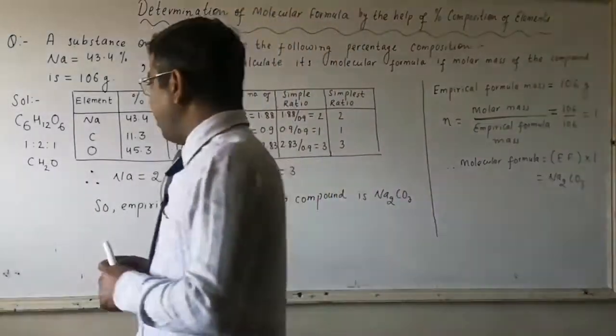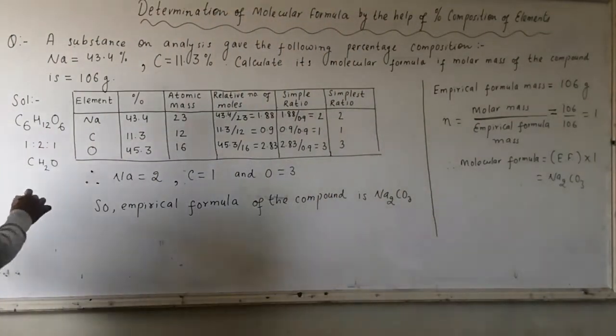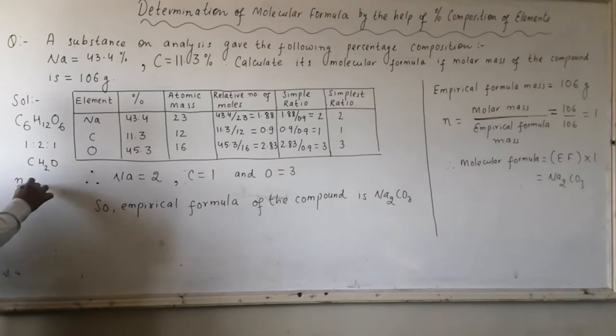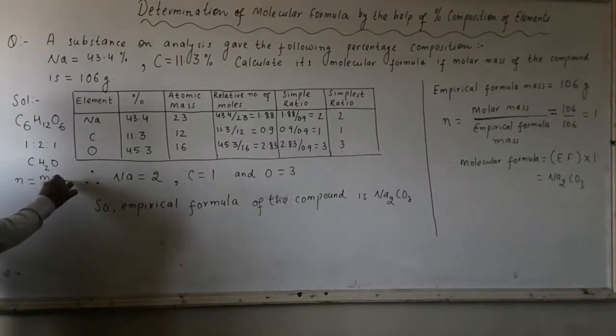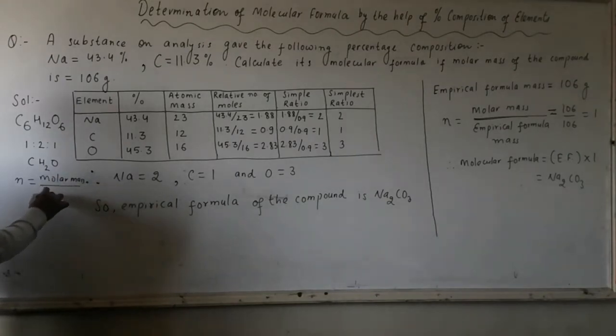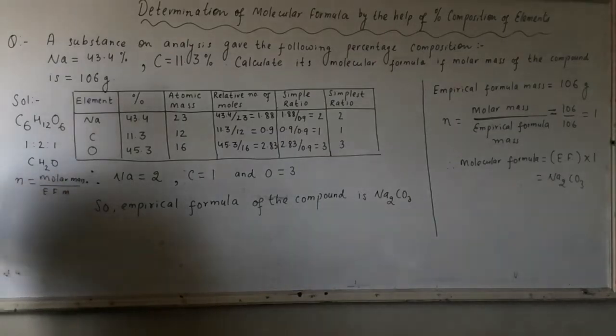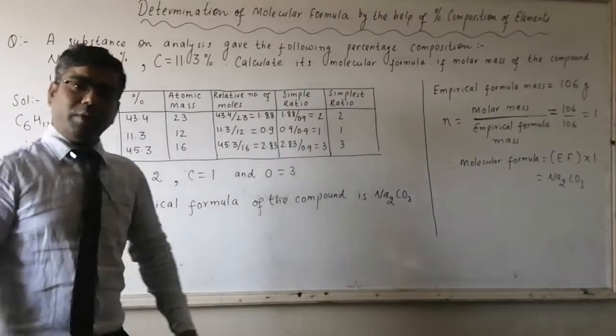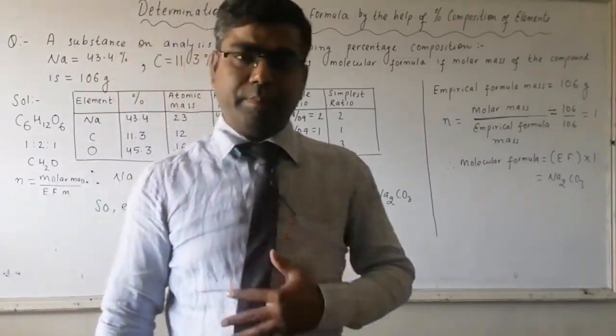Now what is factor n? Factor n can be written as n equals molar mass divided by empirical formula mass. Molar mass will be provided to you in the question.